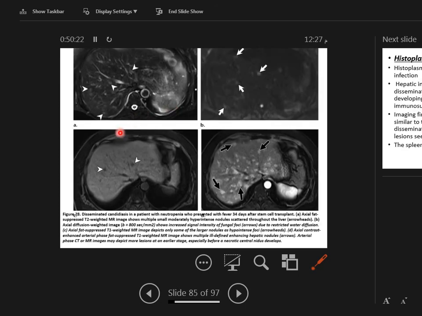This is MRI, fat suppressed T2, and you can see it's hyperintense here, and this is axial diffusion, and this is fat suppressed T1, and a contrast enhanced arterial phase fat suppressed T1, let's see, hyper glowing post-contrast.